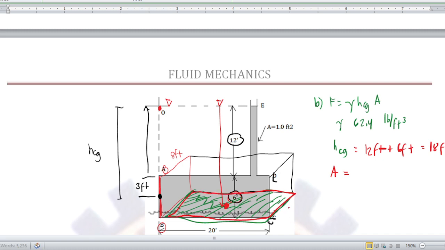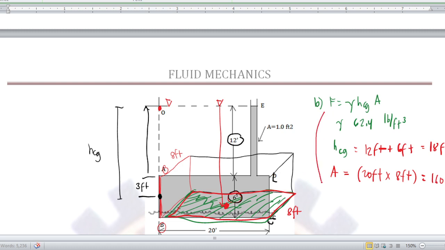So again, this is 8 feet, this one, 8 feet, and this length is 20 feet. So therefore, 20 feet times 8 feet. So that is how much? 20 times 8, 160 square feet.